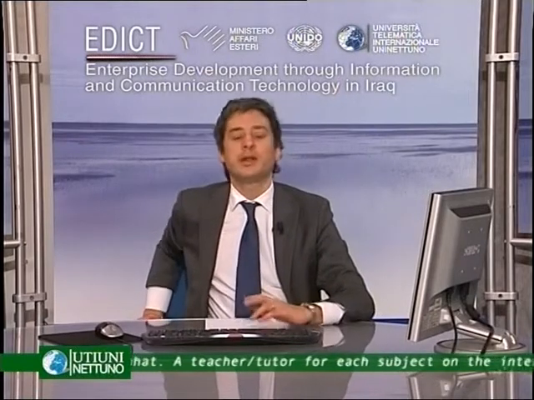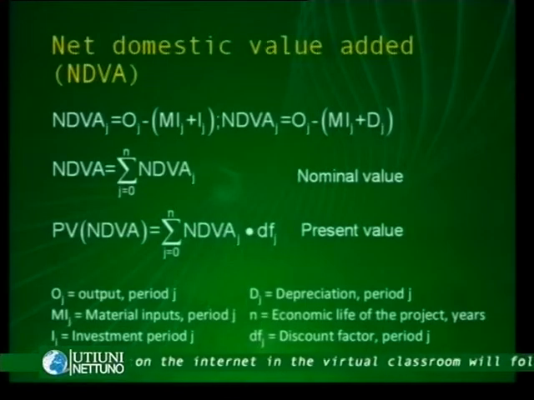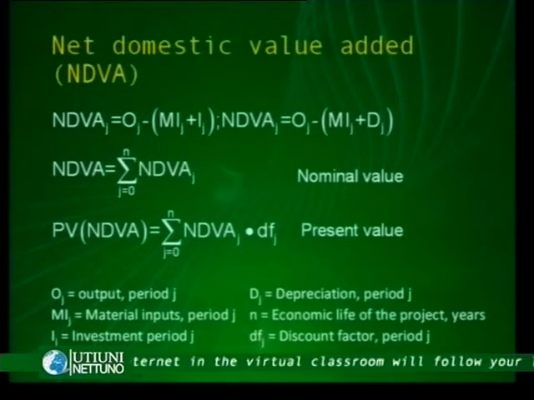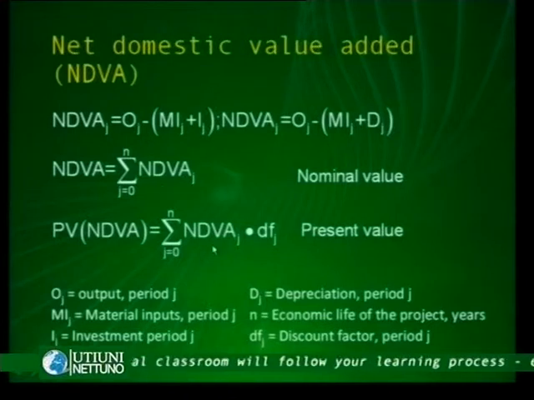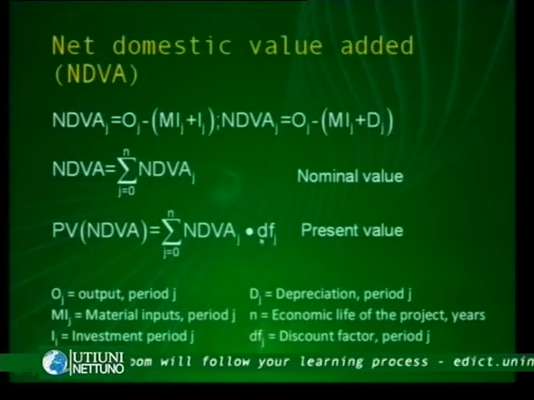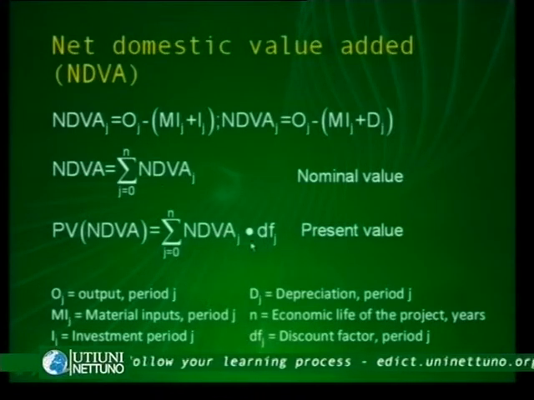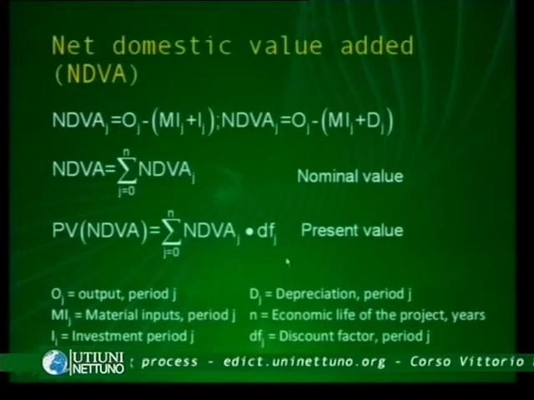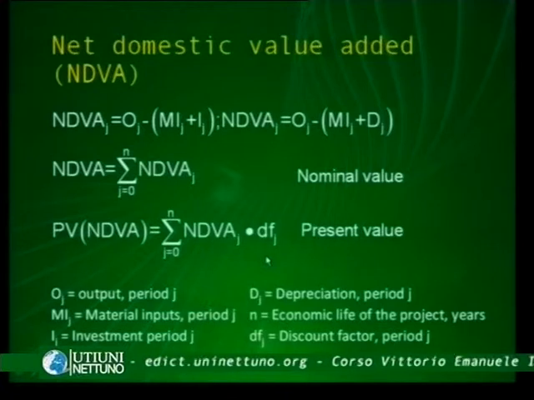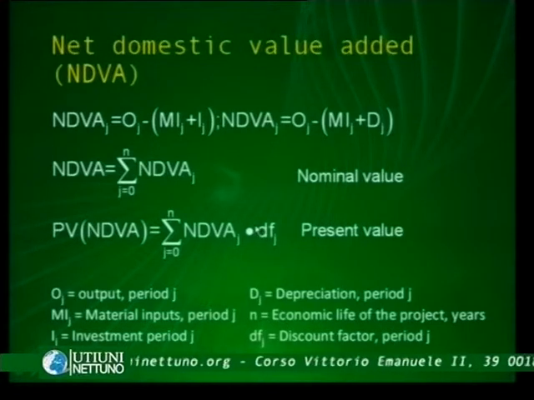And this can represent a problem because different opinions about the premium that I should recognize to local investment could impact in a significant way on the present value of net domestic value added, because given the flows of net domestic value added, given the timing of these flows, the net present value will be strongly affected by the discount rate that I use to determine the discount factor.